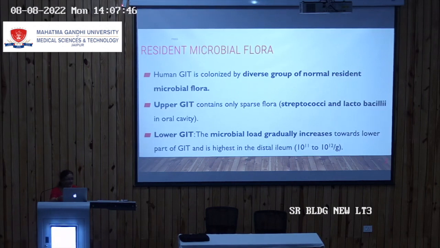The microbial load generally increases towards the lower part of the GIT and is highest in the distal ileum. The lower GI tract has a larger load of resident flora, almost to the extent of 10 to the power 11 or 10 to the power 12 per gram.